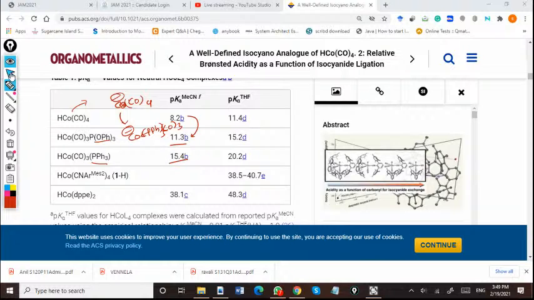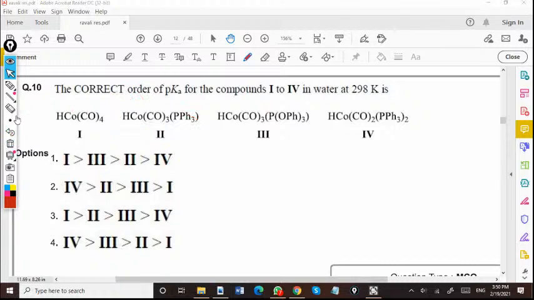So if I go back to the question, here it is 8.2, and if it is replaced with one triphenyl phosphine, it is 15.4. If it is oxyphenyl, it will be 11.4 or something. So if one triphenyl phosphine takes the position of the carbonyl, it almost doubles. If two triphenyl phosphines are replaced, it will be even higher.